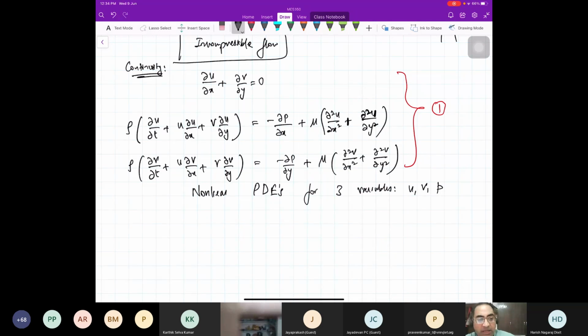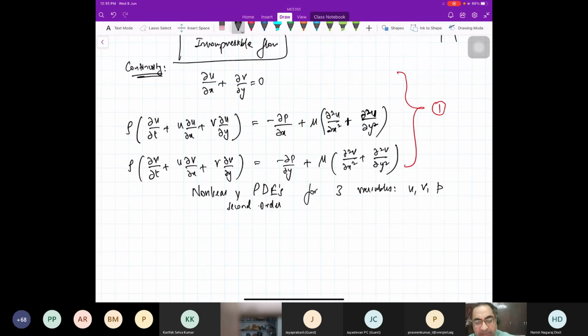I'm going to reduce this to a non-linear ordinary differential equation, a linear partial differential equation, then a linear ordinary differential equation, and then we will study the linear ordinary differential equation, and the number of variables will also reduce. This is a non-linear partial differential equation of second order, because the highest derivative is 2.